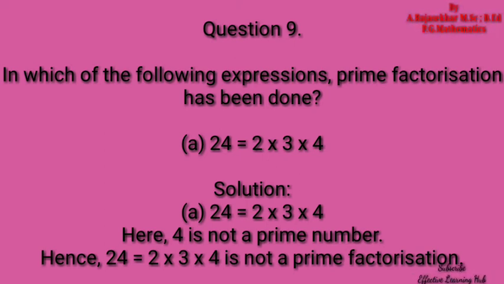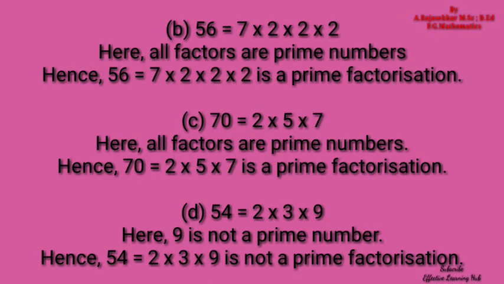Next, B: 56 equal to 7 into 2 into 2 into 2. Here all factors are prime numbers. 7 and 2 are prime numbers. So it is a prime factorization.